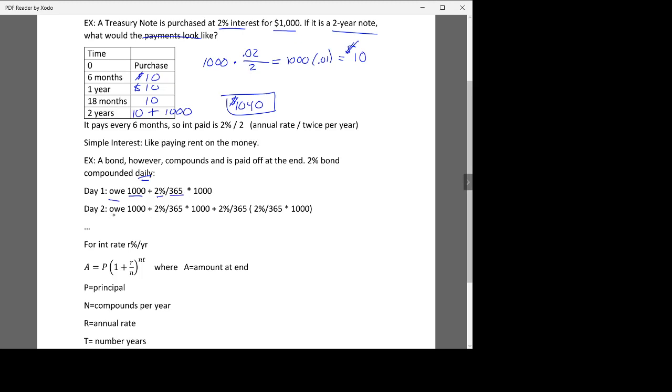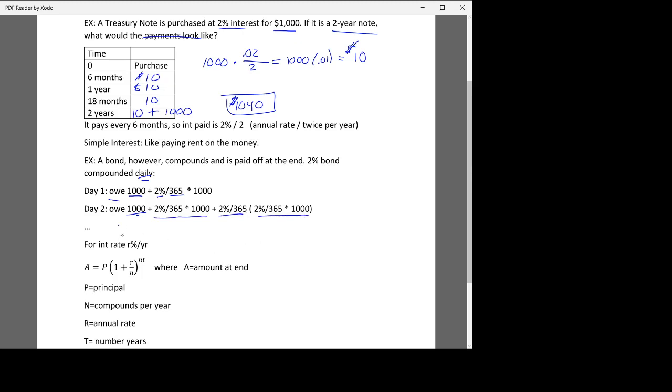And then on the next day, at the end of day 2, the bank would owe you your original 1,000, plus they'd owe you the interest from day 1, plus they'd owe you interest on the money that was sitting in there for day 2.